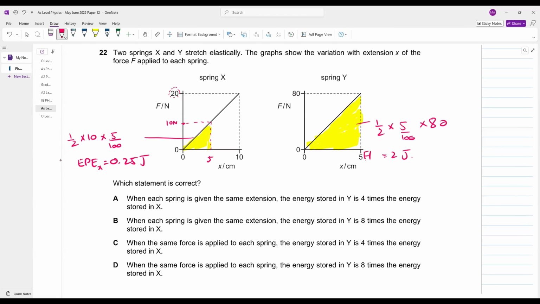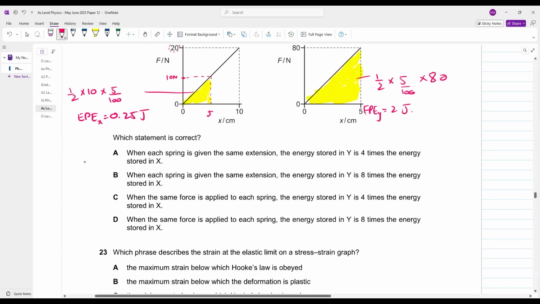The energy stored in Y is 2 joules. Can you realize the energy stored in Y is 8 times the energy stored in X? मतलब अगर 0.25 को मैं 8 से मल्टीप्लाई करूँ, I will get the energy stored in Y. Is there any option like that? For the same extension, the energy stored in Y is 8 times the energy stored in X. B is your answer.